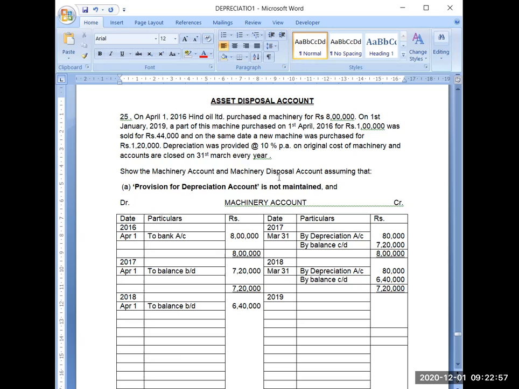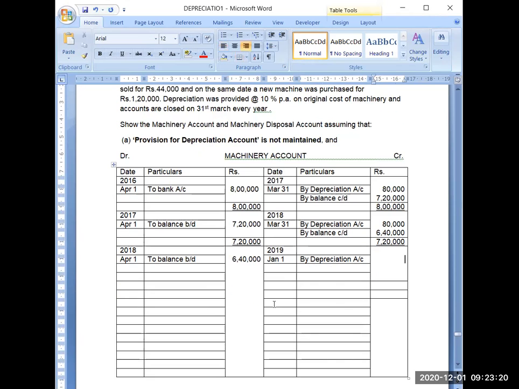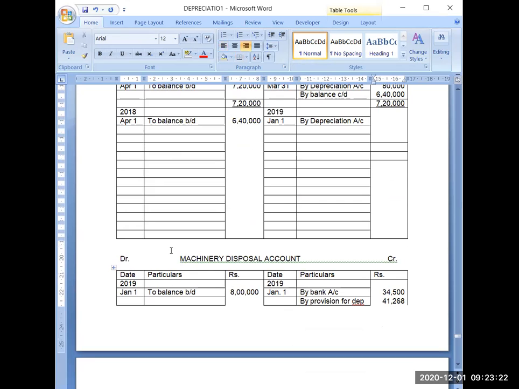In that situation, we will first record its depreciation, January 1, by depreciation account. Now we have to see how its depreciation will be calculated. Let's see.